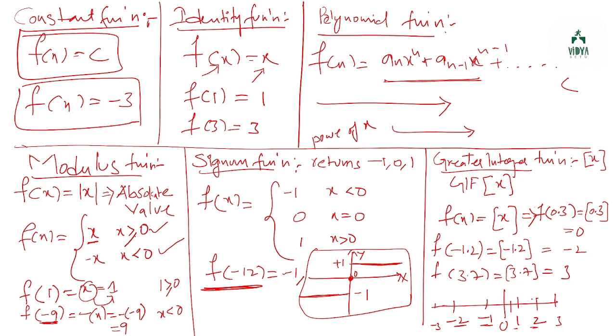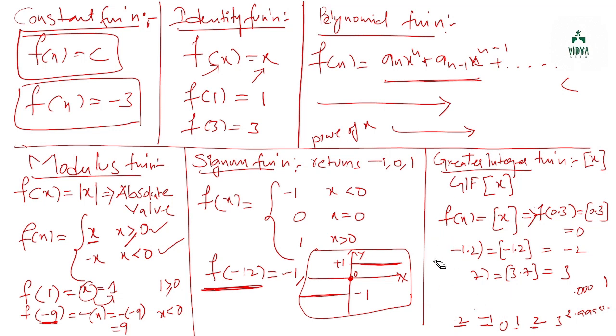If I take 1.7 or 1.8, it will give 1. If I take 2.00000001, what will it give? 2 only. If I take 2.9999999 with infinite nines, what will it give? 2 only. You understood? This is the greater integer function.